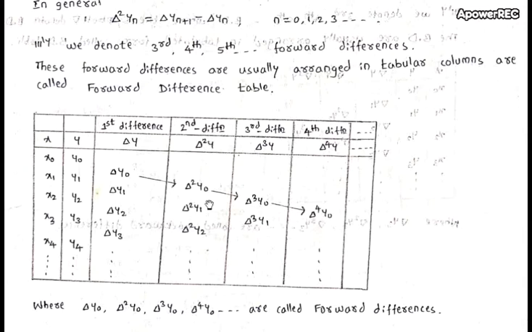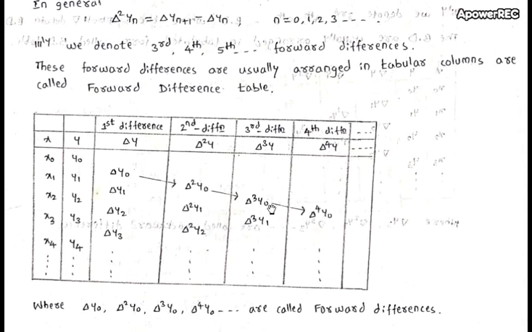Then second differences means again subtract second term minus first term. Triangle y1 minus triangle y0 gives triangle square y0. Again subtract triangle y2 minus triangle y1, and this result is denoted as triangle square y1, which gives the second differences.